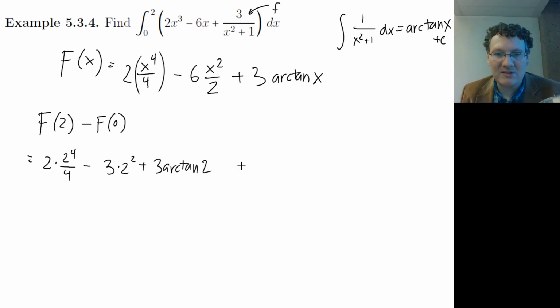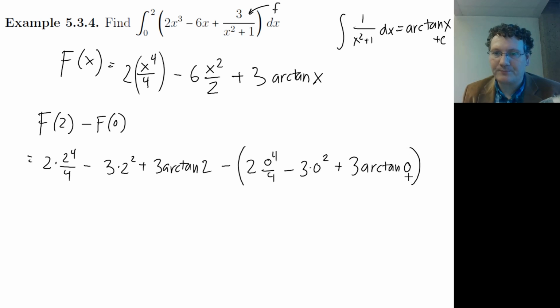Now I'm going to subtract f of 0, which is going to be 2 times 0 to the 4th over 4, of course that's 0, minus 3 times 0 squared, which is of course 0, and then 3 arctan of 0.